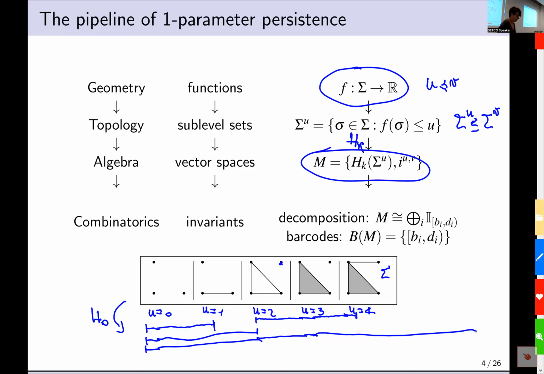This type of representation of invariants can be used for several purposes, just to analyze the shape of your initial data, but there are also theorems that guarantee that these bars give you information. If you have bars associated to a sampling of an underlying manifold, these bars give you information about the topology of the manifold, even if you have got them only from a sampling of the manifold.